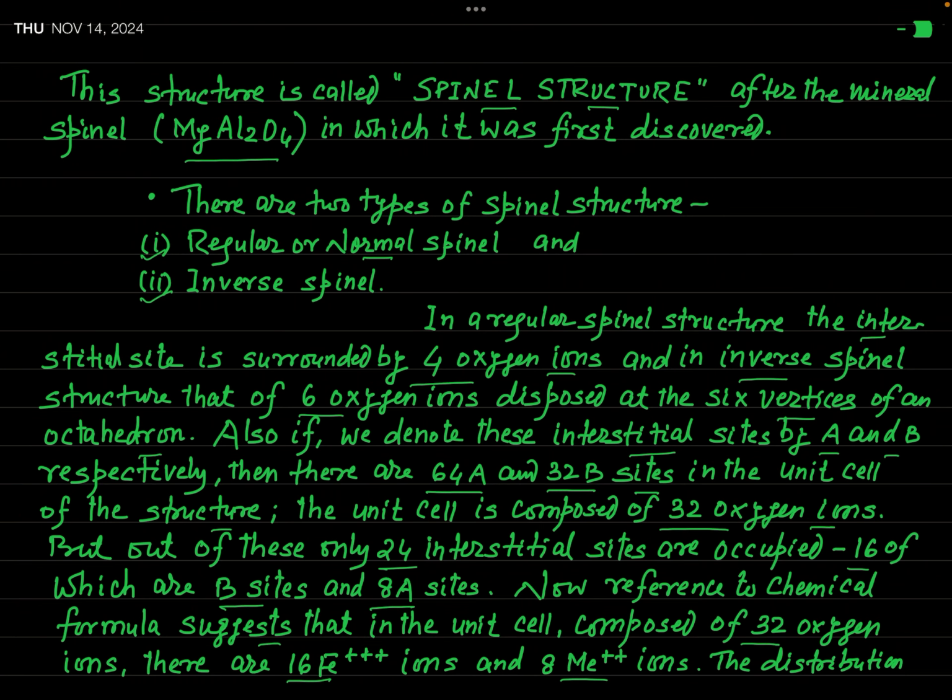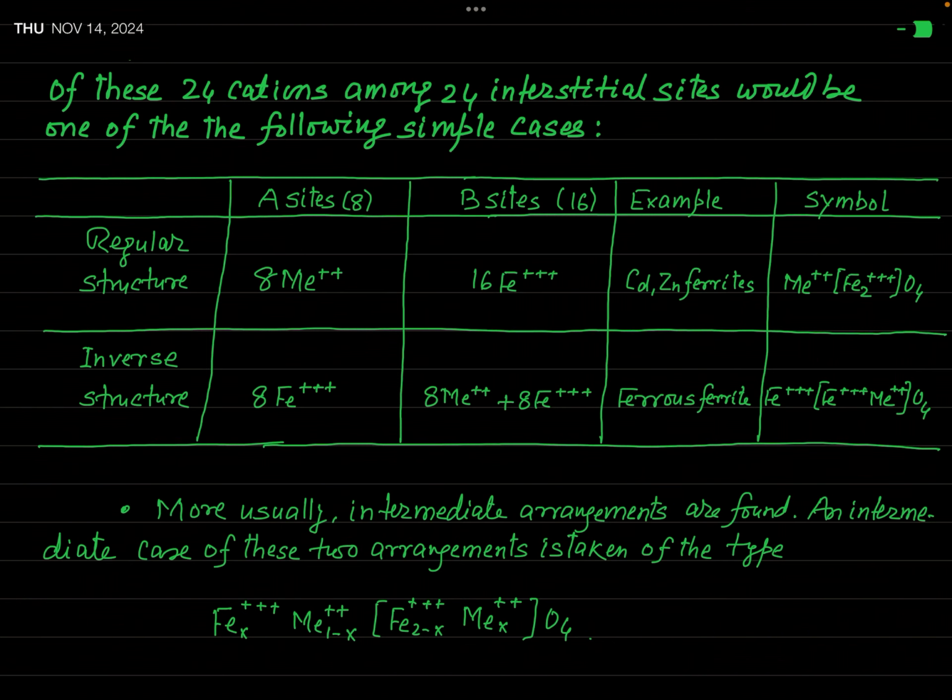The distribution of these 24 cations among 24 interstitial sites would be one of the following simple cases. If you talk about the regular structure, then at A sites there will be 8 Me double plus ions, and at B sites there will be 16 Fe triple plus ions.